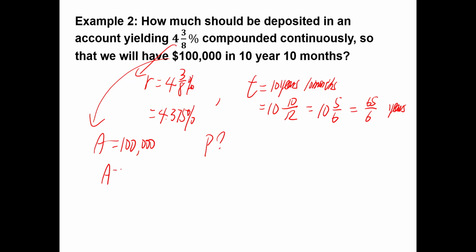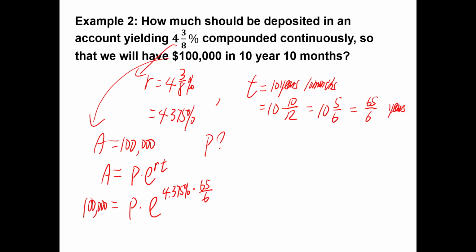So write the formula A equals P times e to the rt. Now replace A with 100,000. We're looking for P times e to the rate, 4.375%, times time t, that's 65 over 6.